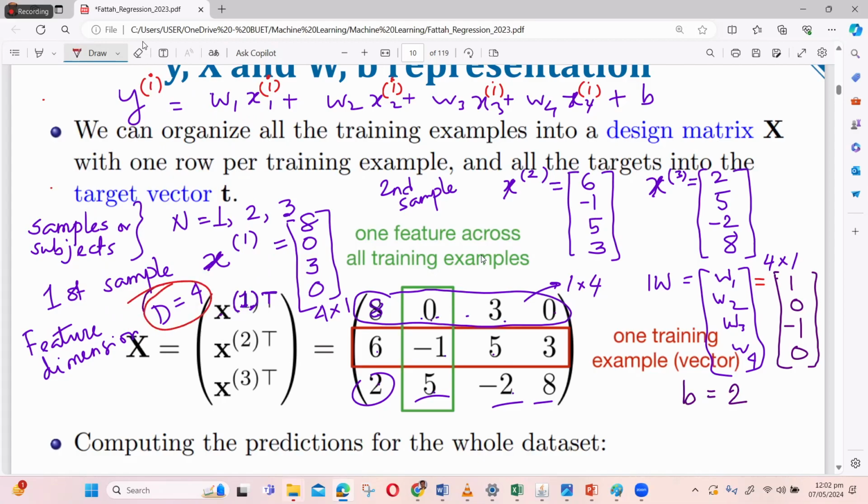The number of samples is 3, and x1, x2, x3, three samples, are given. The initial value of W is given. And T, the target values, are also given like this. Just assume 1, 2, 3.